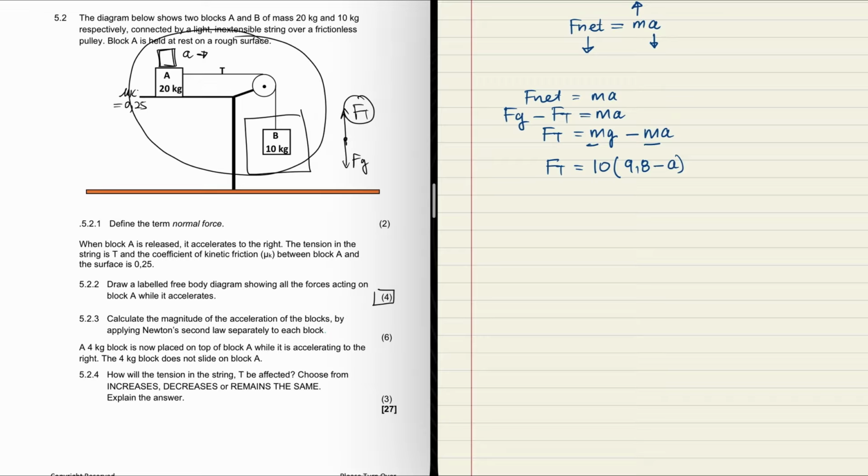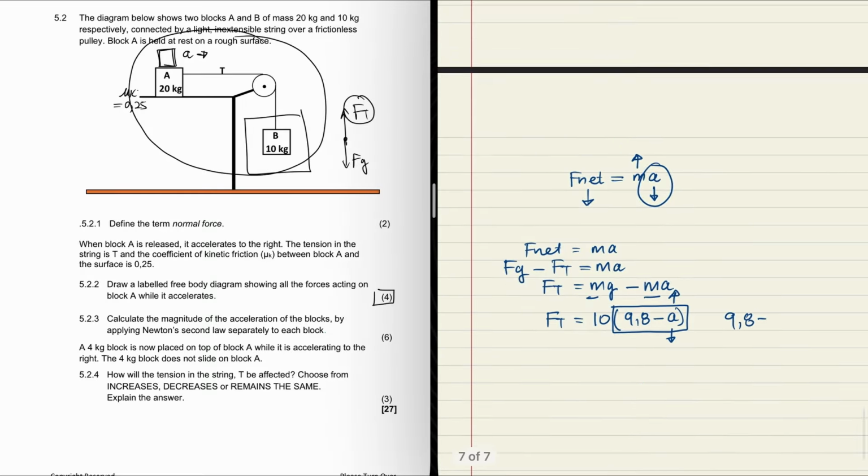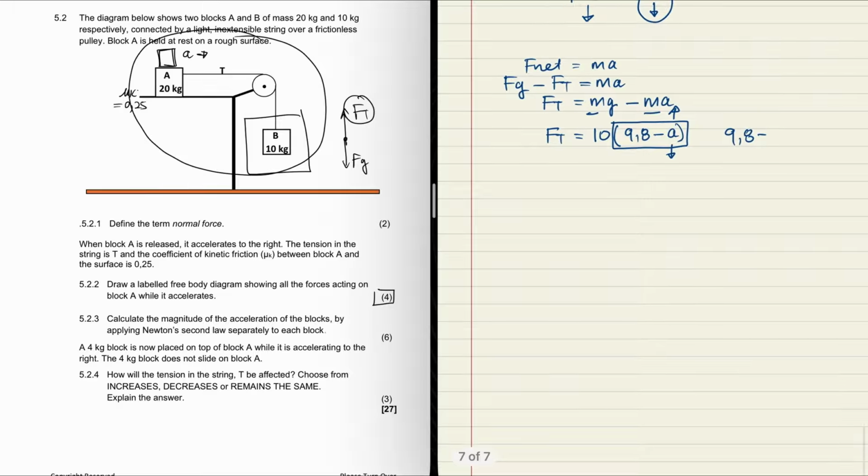Now, let's look at what happens to the acceleration and then we can figure out what's going to happen to tension. So we said that the acceleration is going to decrease. If the acceleration decreases, it means that this whole bracket is going to get larger. We can see that if we take an example, say 9,8 minus 1,63, we'll get some value.